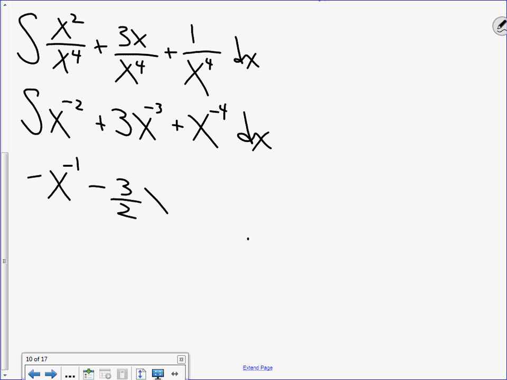Minus 3 halves x to negative 2. Right, because you'd add 1 and then divide by the negative 2. What about the next one? So x to the negative 3. We can put it over negative 3, or we can put a minus 1/3 in front.